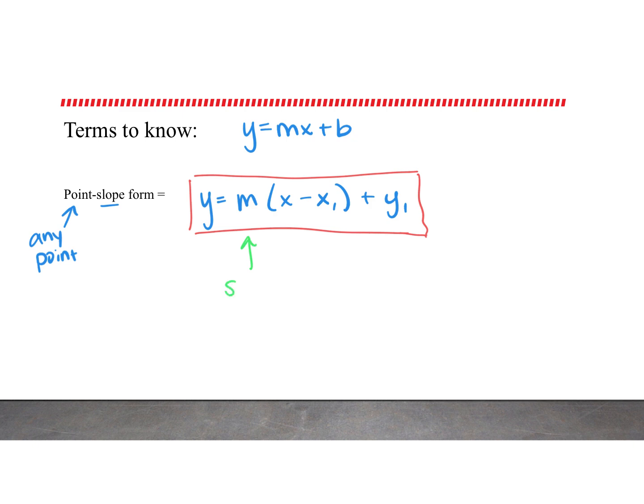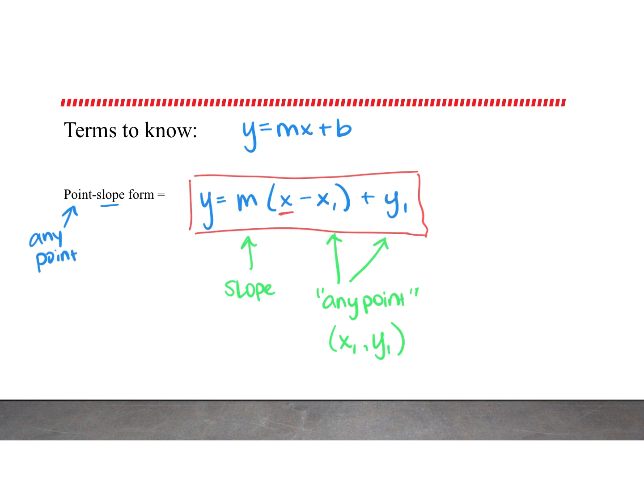The m stands for your slope. The x1, y1 here, this is any point that you can plug in. So x1 meaning it's that x value from your ordered pair, y1 meaning it's the y value from your ordered pair.